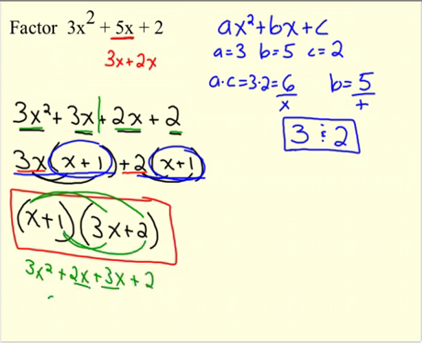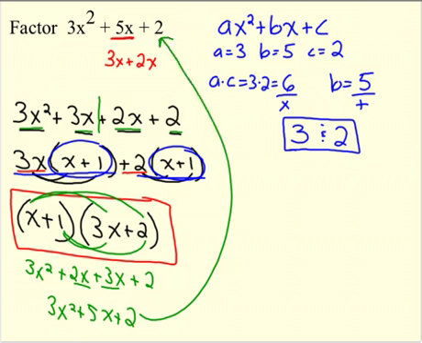Combine like terms, I get 3x squared plus 5x plus 2, and that's what I started with. And so it is the right answer. So what I have here in the red box, x plus 1 times 3x plus 2, is the final factored form of 3x squared plus 5x plus 2.